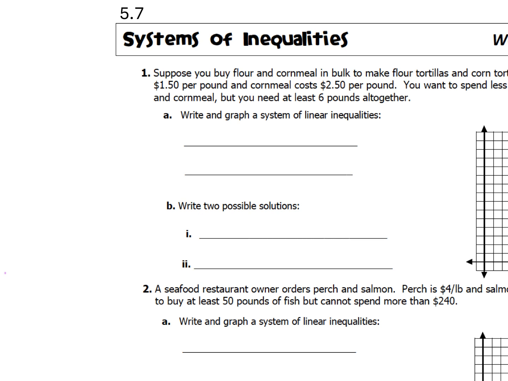Cornmeal and flour. Okay, so you have two unknowns. We're going to call x flour for now and y cornmeal. That's what we're going to keep it to in this problem. Those are the two things we don't know how much of we have.